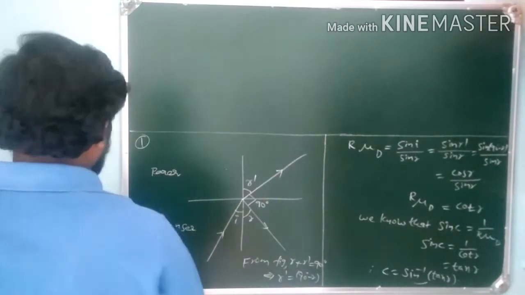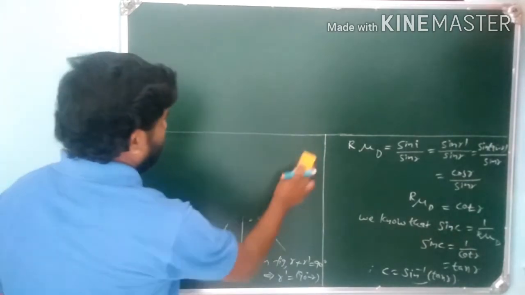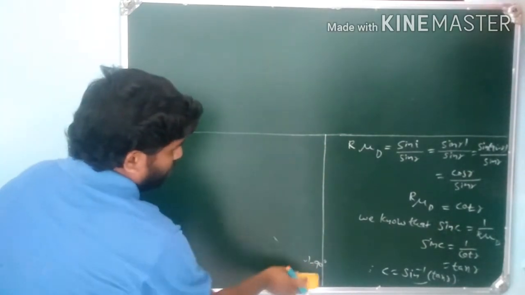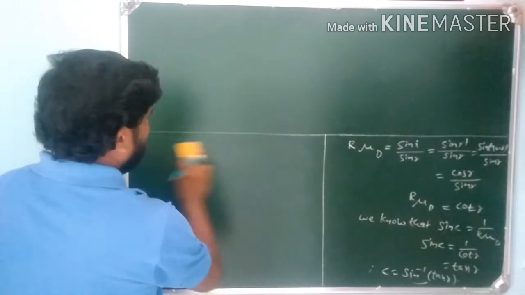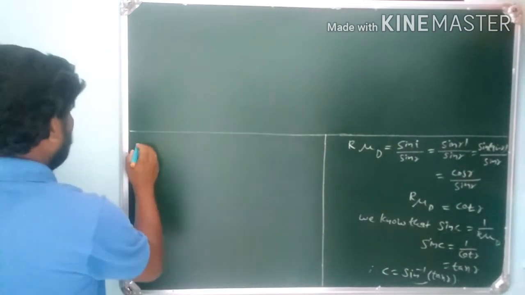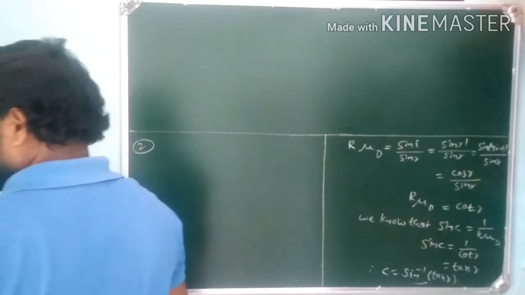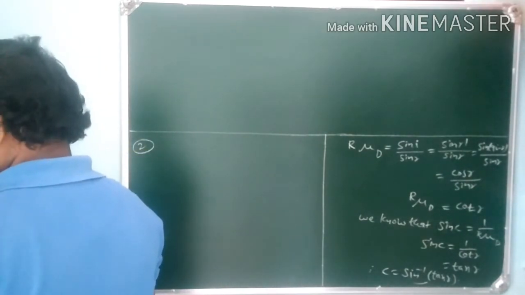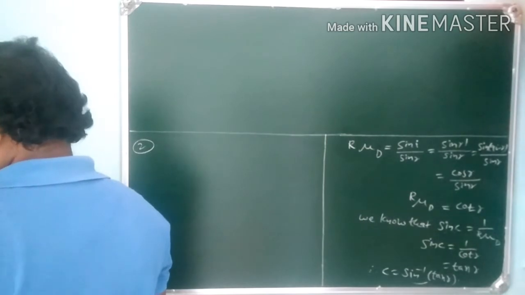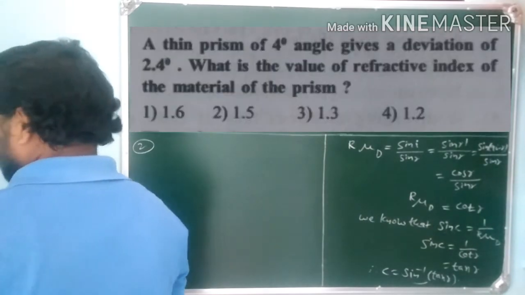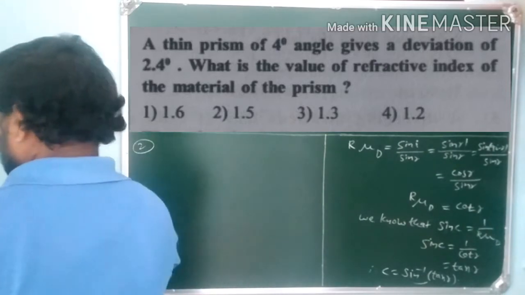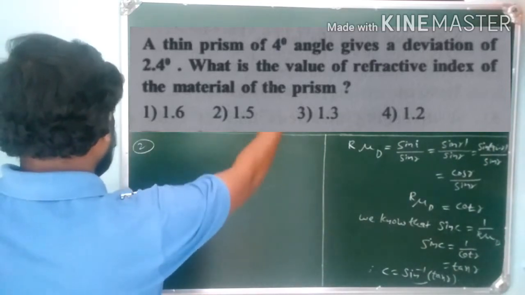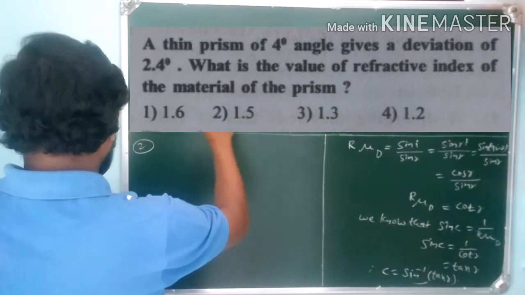Now going to the second problem. The problem is like this. Second one: a thin prism of 4 degrees gives a deviation of 2.4 degrees.